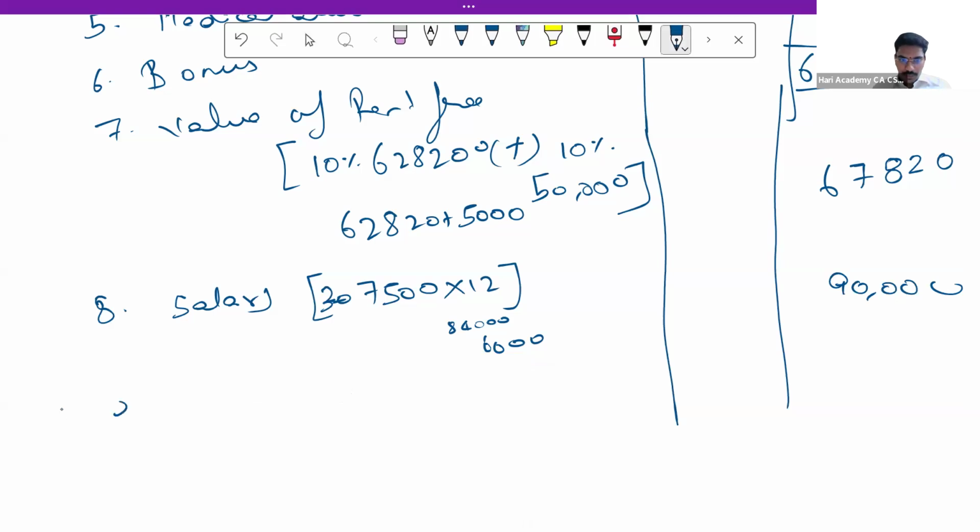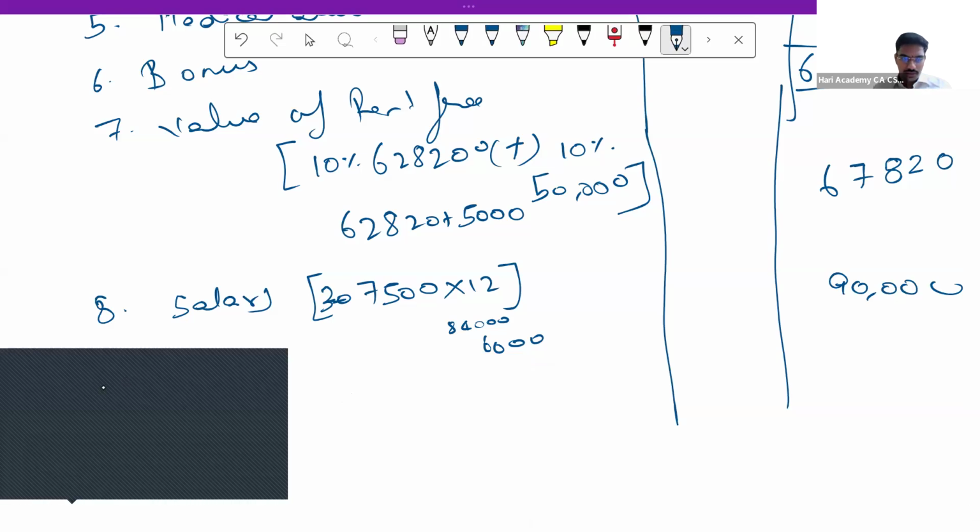Next is point number 9. She is a member of a RPF and contributed 14% of her salary. Her employer also contributed 14% of salary to the Provident Fund. In case of Provident Fund, if it is a recognized Provident Fund, this portion deals with the recognized Provident Fund.